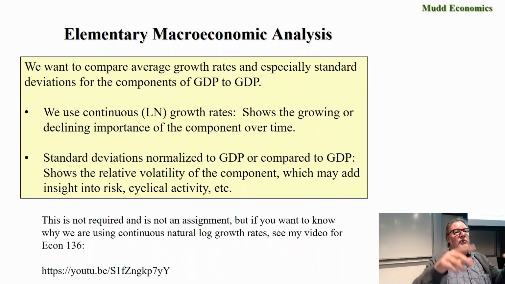We're going to take those disaggregated components of GDP and calculate their log growth rates over a long period of time, and calculate the standard deviation of each of them to see which of them is the most volatile. That'll be a more modern and sophisticated way of looking at the causes of business cycles, okay?